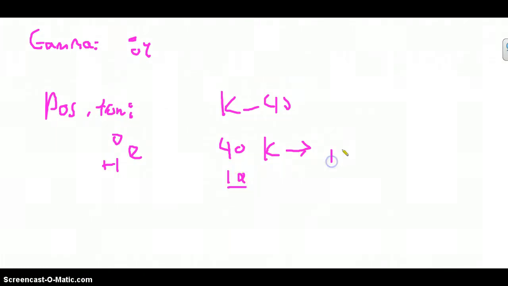In other words, 18 plus 1, right? So it's going to be 18, 40 argon, actually. And then we check because, well, 40 and 40 and plus 0, okay. 19 is 18 plus 1, yeah.